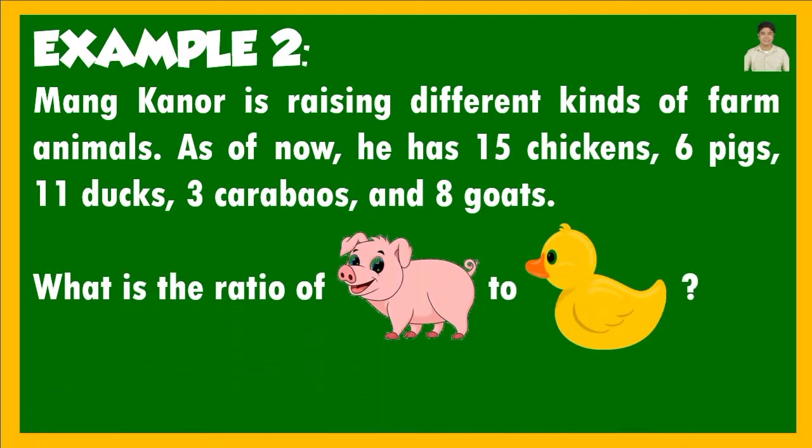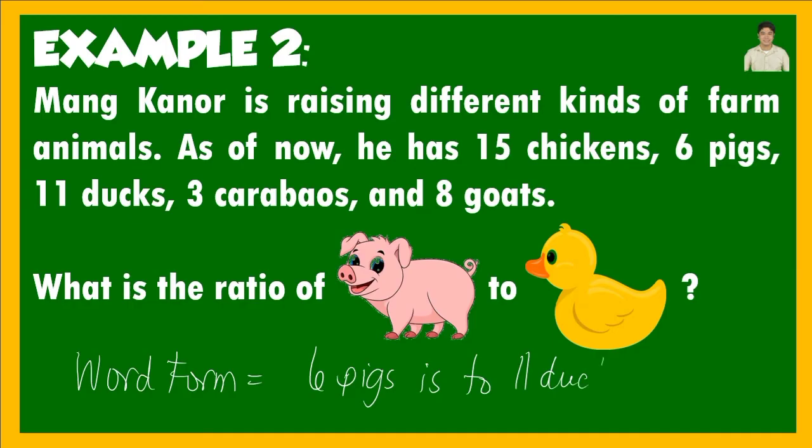What about kung in word form naman? So the ratio of pigs to ducks. So number of pigs, 6. Number of ducks, 11. So in word form, 6 pigs is to 11 ducks.